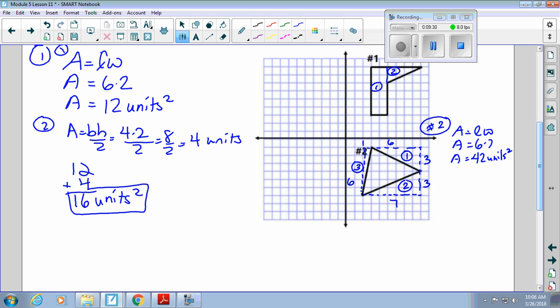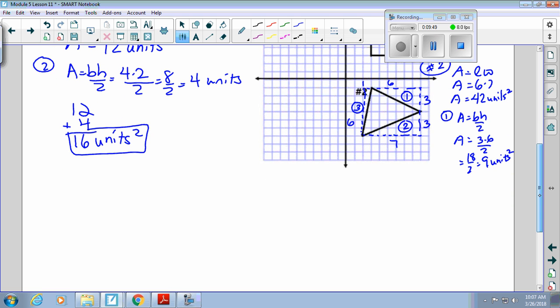Alright, and then let's do triangle 1, which is base times height divided by 2. Area equals 3 times 6 divided by 2, and that's 18 divided by 2, which is 9 units squared. Triangle number 2, again base times height divided by 2.